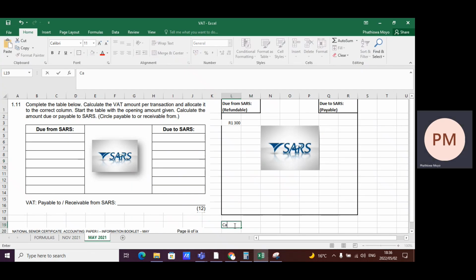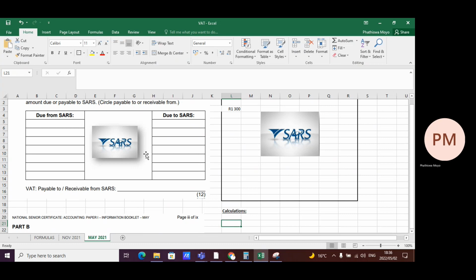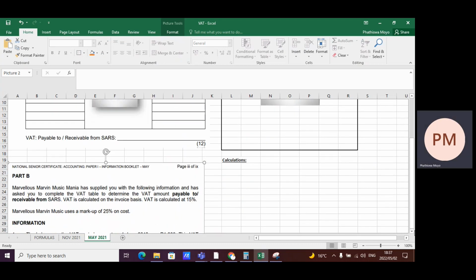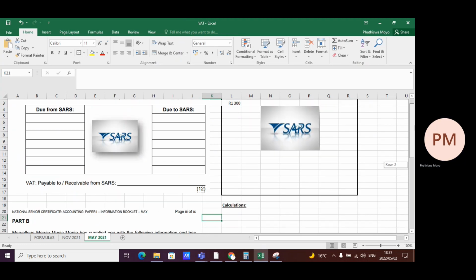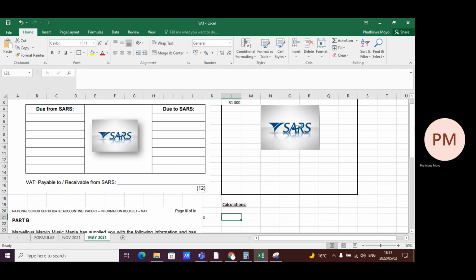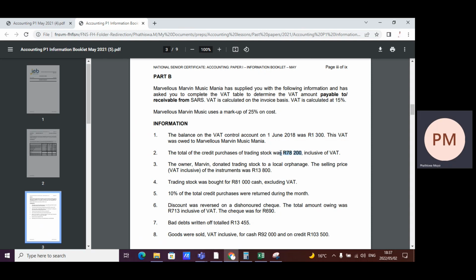I'm going to do our calculations. So X equals 78,200. This amount is inclusive of VAT.